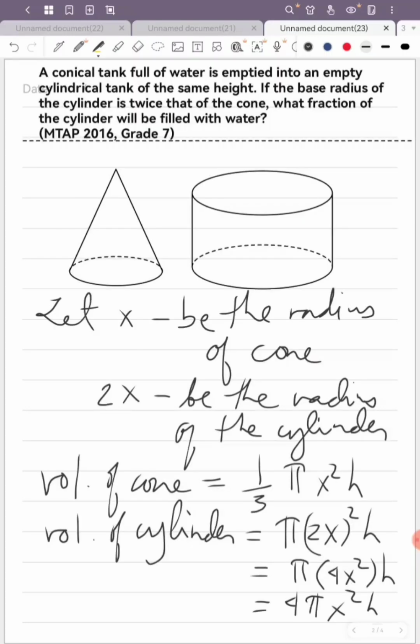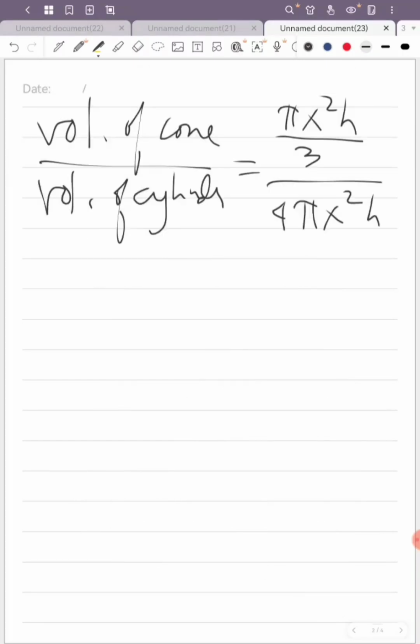Let's check. 4 pi x squared h for the cylinder, and the cone is 1/3 pi x squared h. Okay, that's correct. So we're going to use the law of reciprocals for this one.